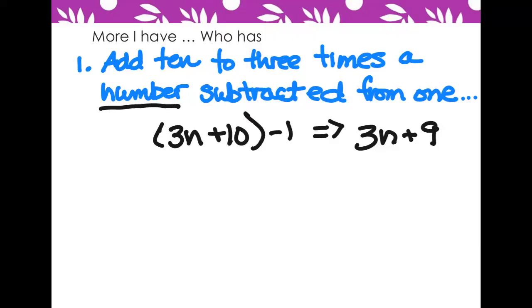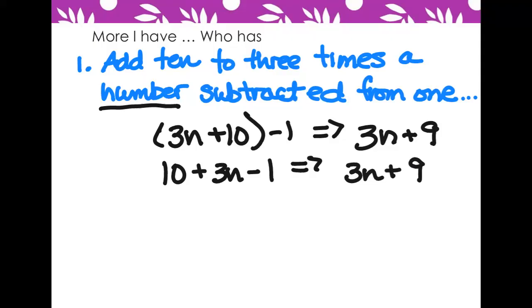You got 3n plus 9? Okay, how did you do it? You need to speak up. 10 plus 3n minus 1. Okay, and you got 3n plus 9. And somebody else over here got the same? Anybody get anything different?